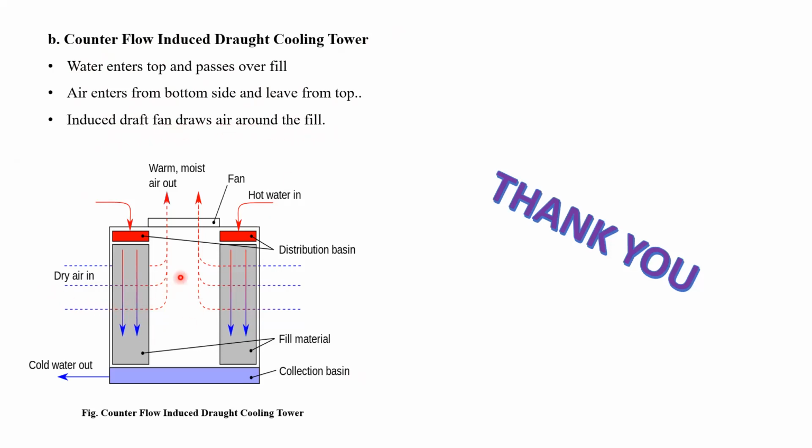The counter means opposite: air from the bottom goes in the vertical plane like this, and hot water from the top falls vertically down, collecting in the collection basin or cooling pond, and then the cold water is taken to the condenser again. So this is in brief about the specifications of cooling tower parts and the different types of cooling towers we have seen in this class.